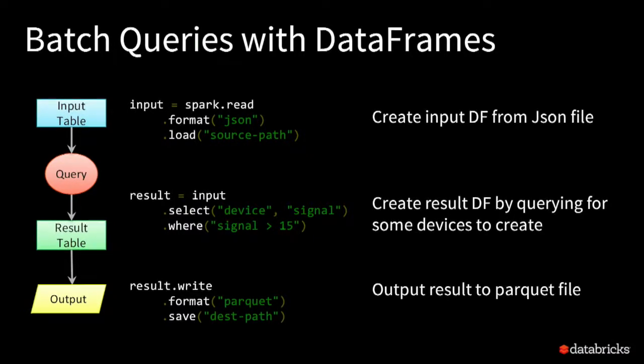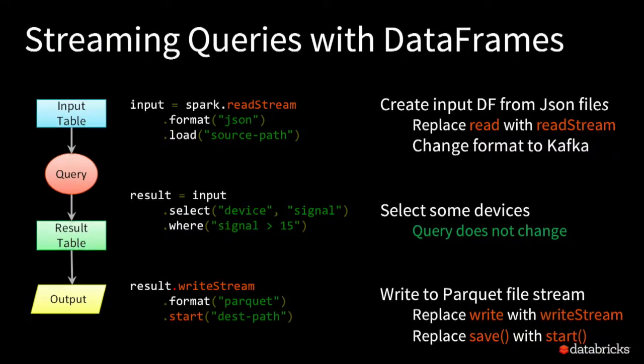To convert this to a streaming query, it's absolutely simple. Your input will change a little bit because instead of reading it once, you want it to continuously read the stream. So in this case, you just convert read to readStream, and instead of reading the JSON file once, it will read all the JSON files continuously added to a directory. So that's a JSON file stream. Your query stays exactly the same because it's all DataFrames and the same DataFrame operations, but the output changes slightly.